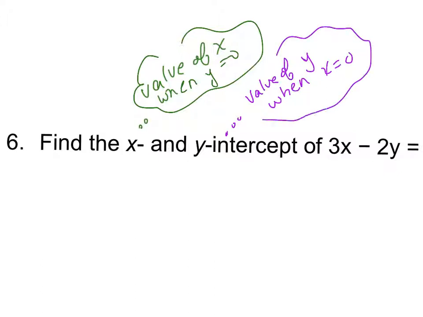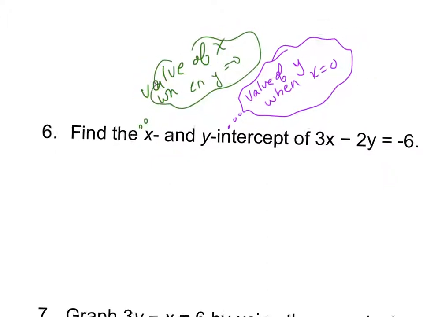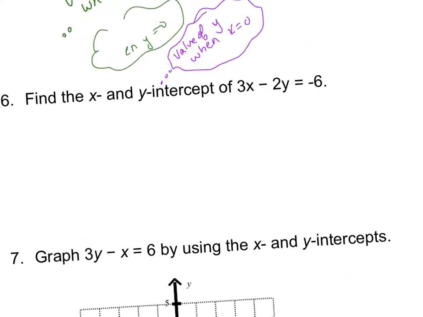My Apple Pen is having a little bit of an issue keeping the pairing, so it comes in and out, and it makes terrible writing, so I apologize for that. In order to get the x and y intercept of this equation, I am going to simply substitute 0 into x to get the y-intercept and 0 into y to get the x-intercept.